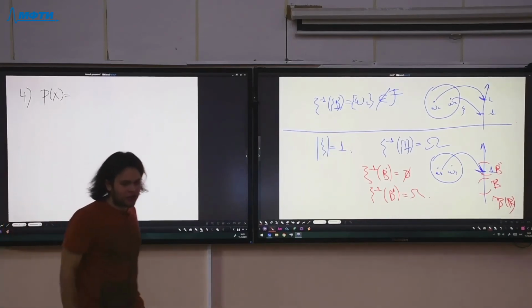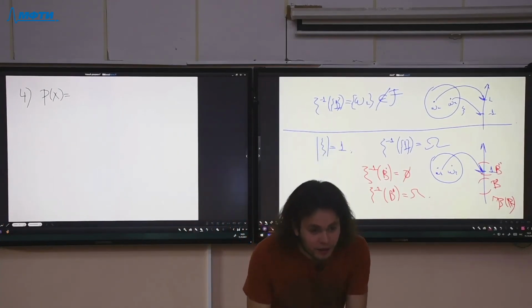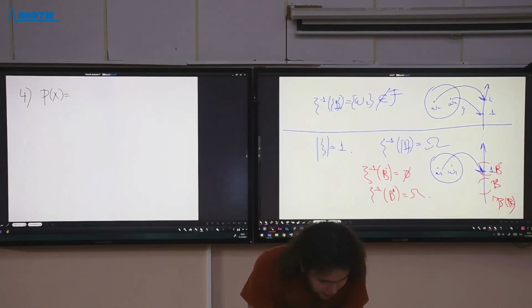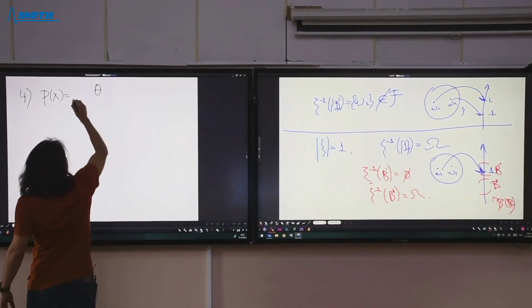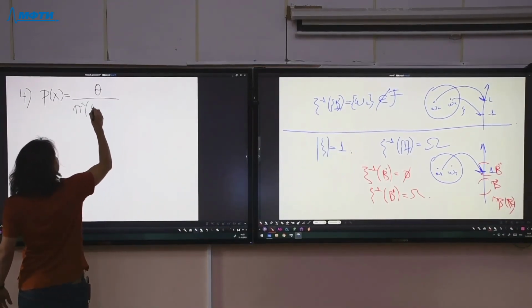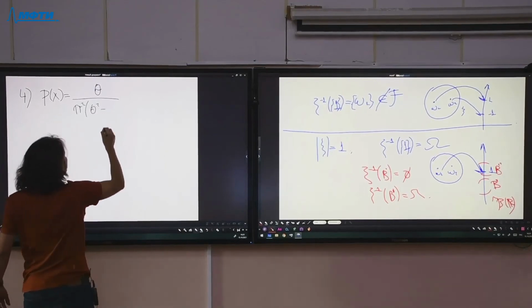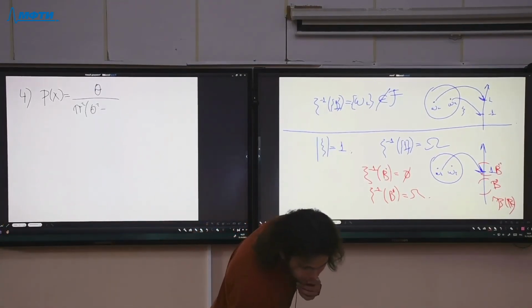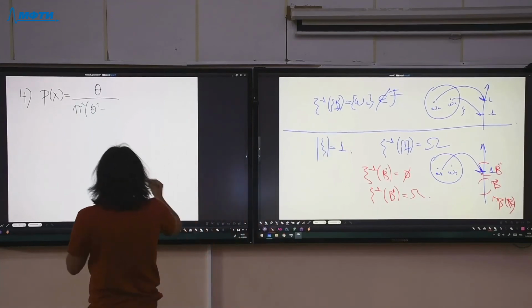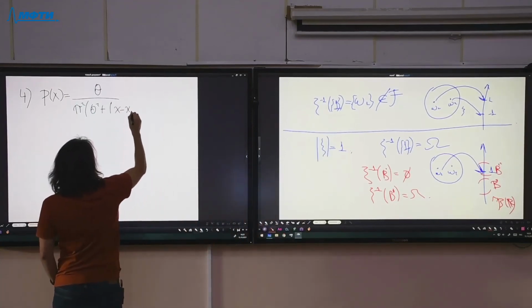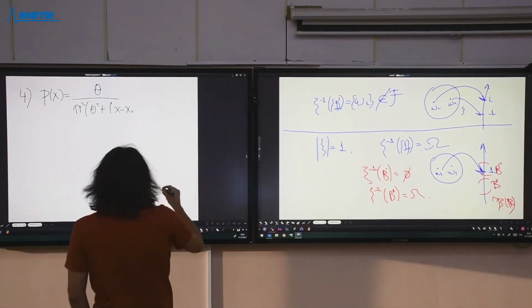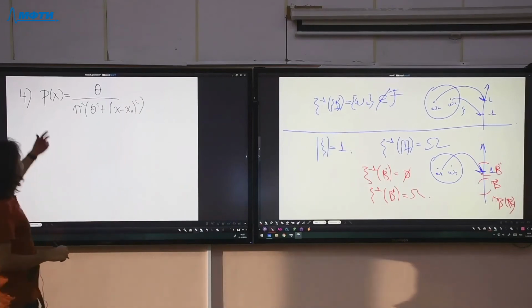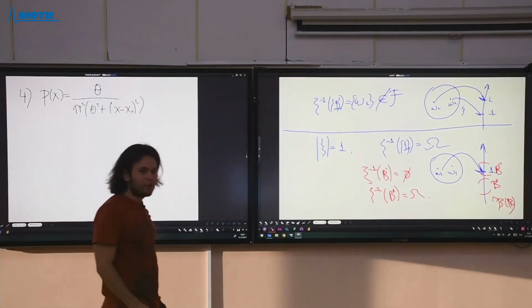We have the Cauchy distribution with parameters theta and x0.